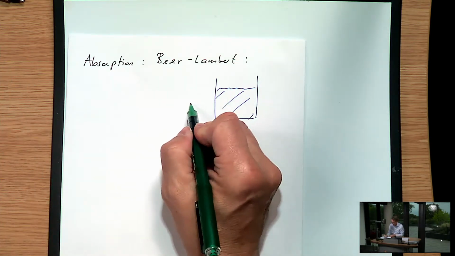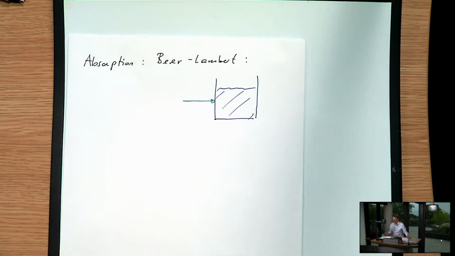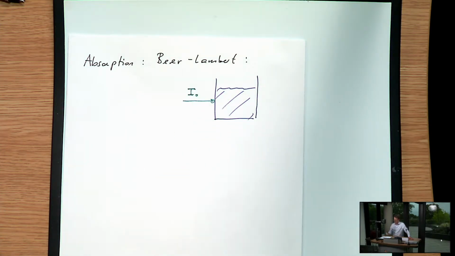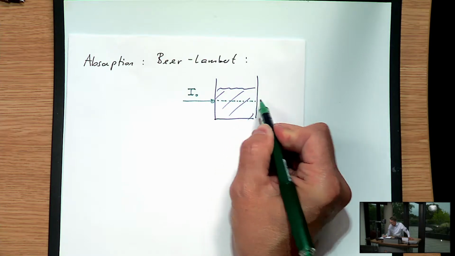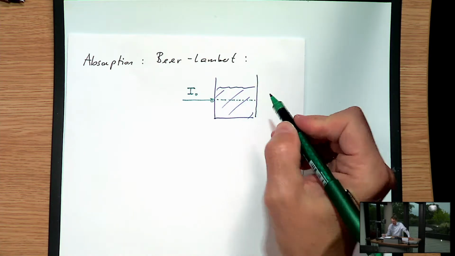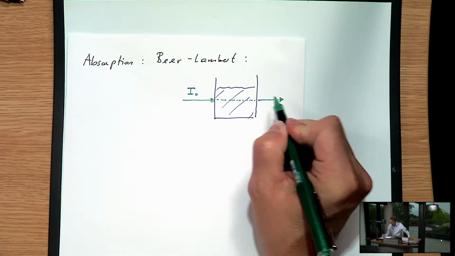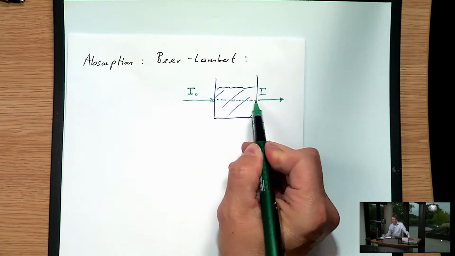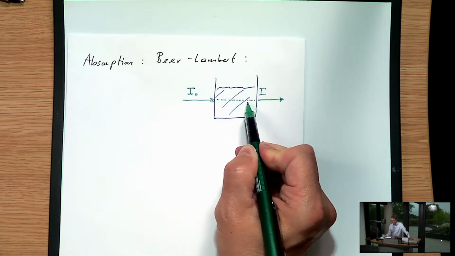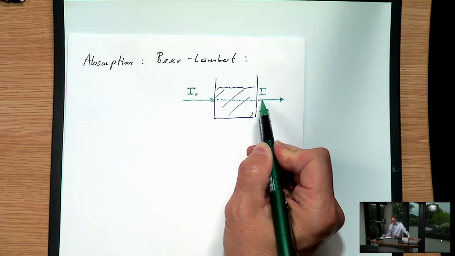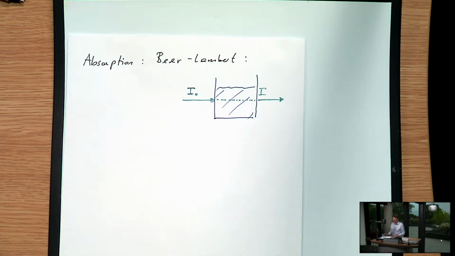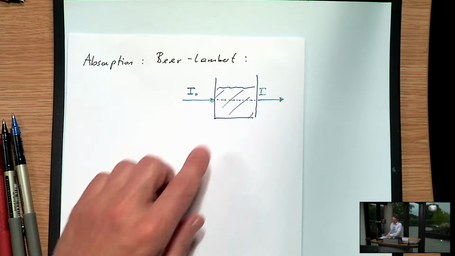And we have a light intensity or irradiance coming in at an initial intensity I0, and it passes through the dye solution, or whatever the sample solution, and it comes out at intensity I. Okay, so in between, some of the photons in the light beam are absorbed by the solution, and so of course the intensity will be diminished by the number of photons that have been absorbed and have excited molecules inside the solution.